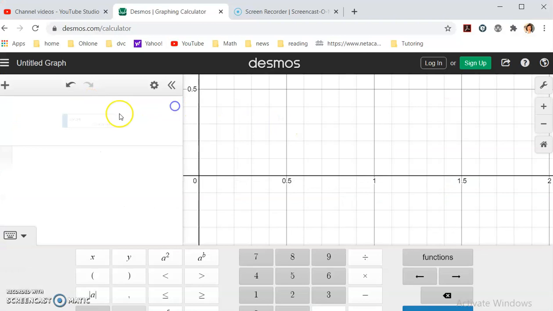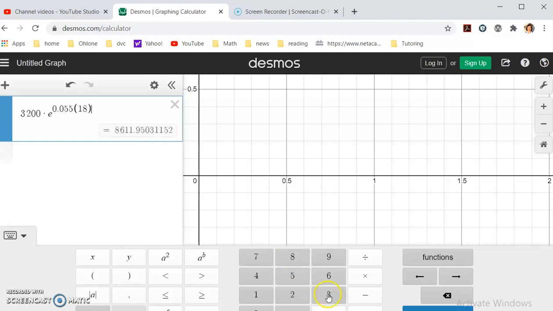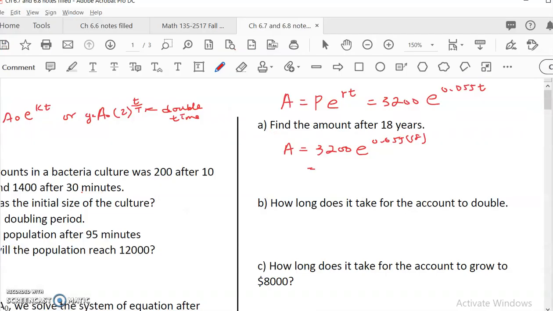So 3,200 times e to the power 0.055 times 18. 8611.95. So after 18 years, it is almost triple, right?